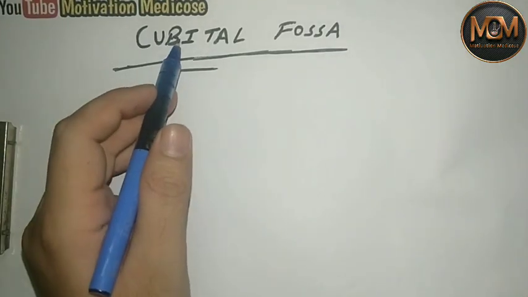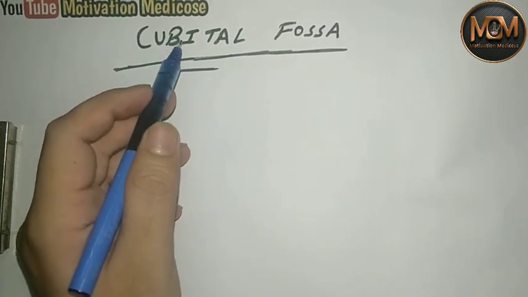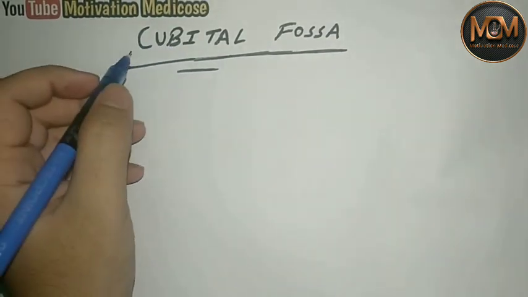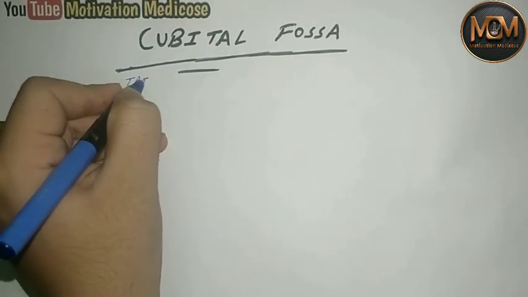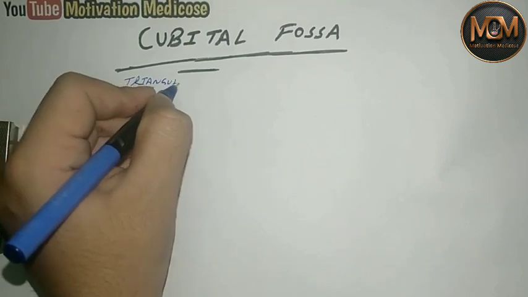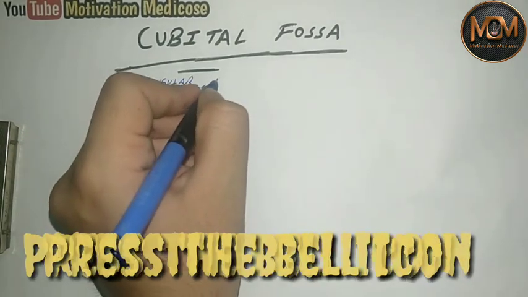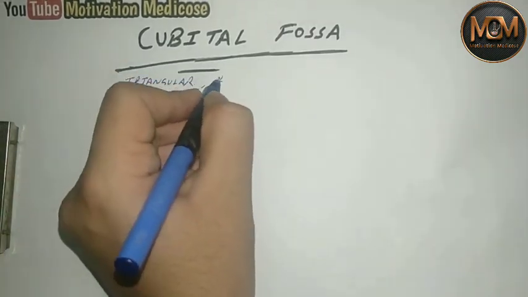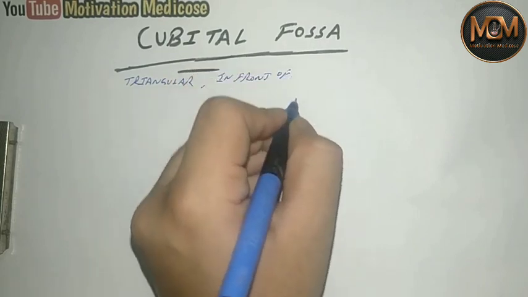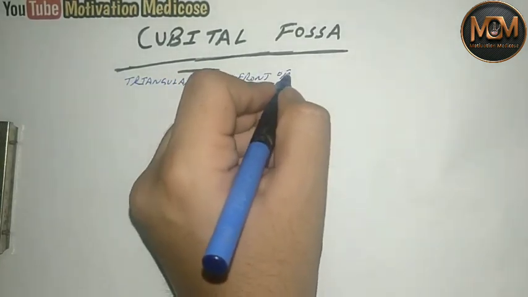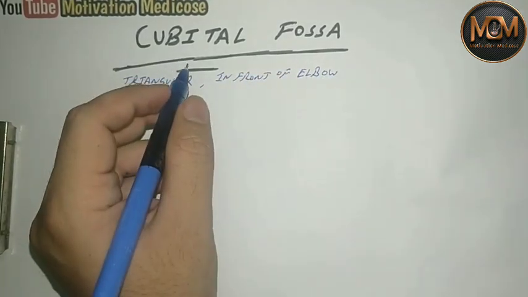So cubital fossa is basically present in your arm. It is a triangular, hollow depression, present in front of the elbow.